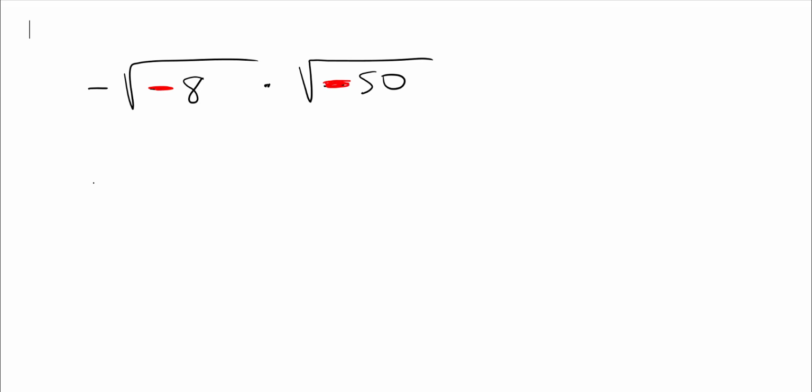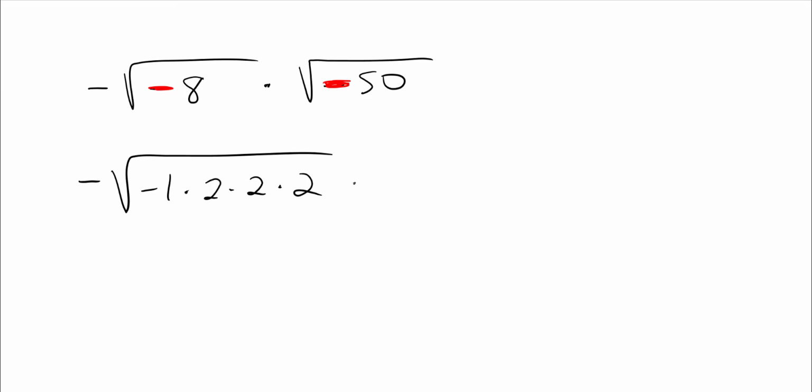So let's do it. So that's negative, that stays on the outside. And we're going to do -1 times, and 8 is 2 times 2 times 2. And the other one is, again, -1. And then 50 is, if I divide that by 2, I get 25. Divide it by 5, and divide it by 5. That's it completely broken up.